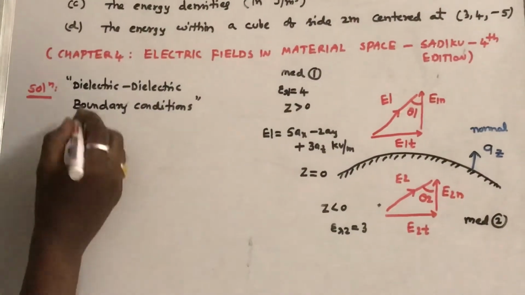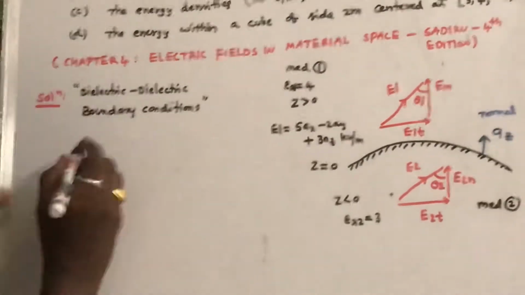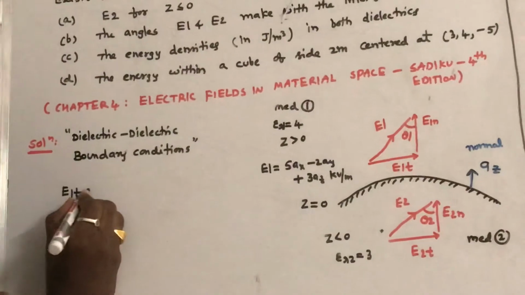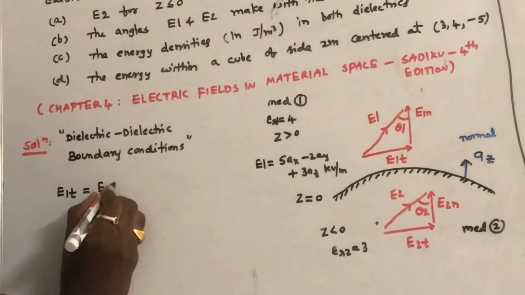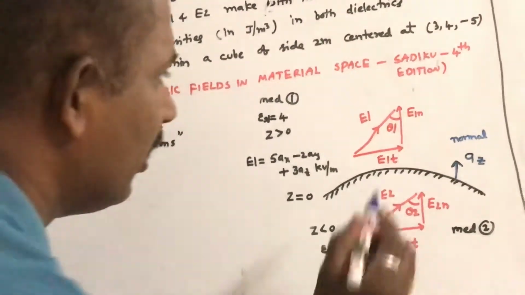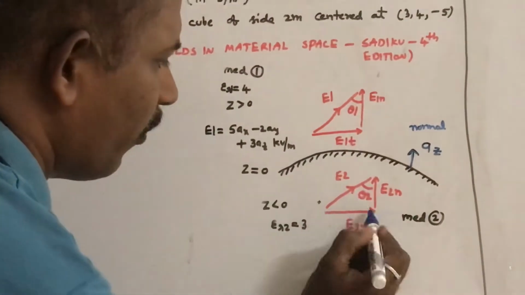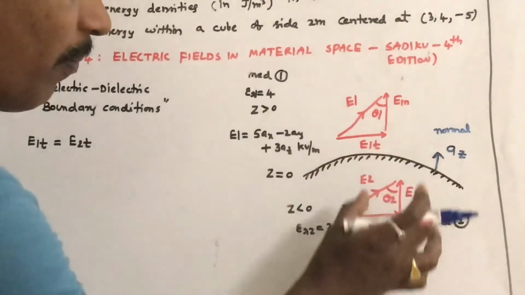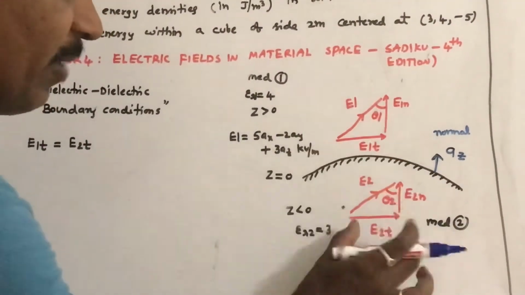For dielectrics, there are 4 boundary conditions. I am writing 2 boundary conditions. E1t is equal to E2t. That is the first boundary condition. You can carefully observe that this tangential component and this tangential component are the same across the boundary.